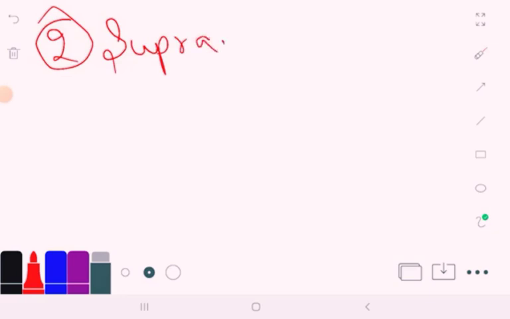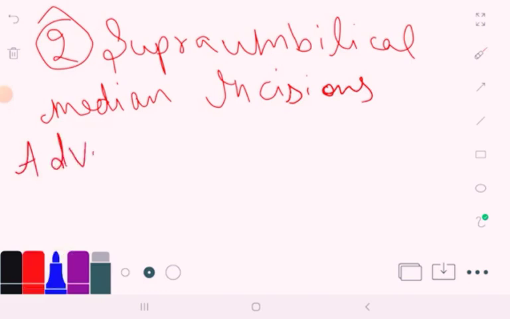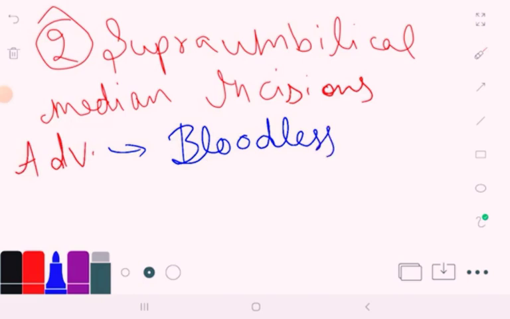Now the second applied anatomy, supraumbilical median incision. What is the advantage of supraumbilical median incision? The advantage is it is a bloodless area, hence there is less bleeding during operation.